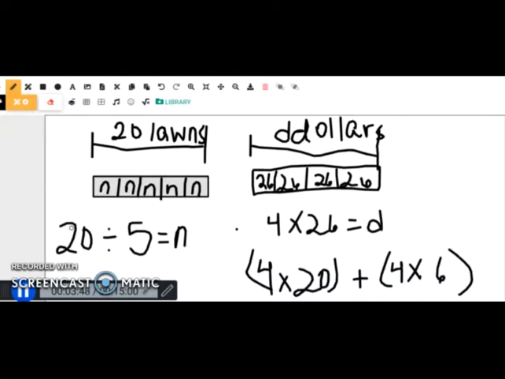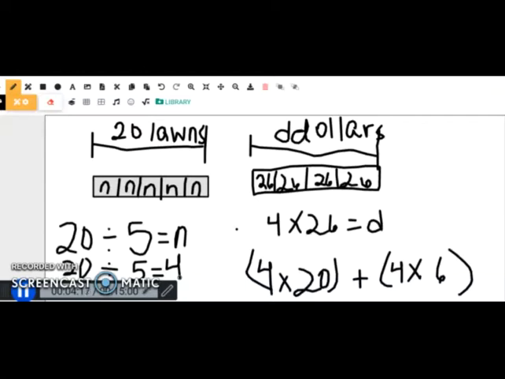So I can divide 20 divided by 5 equals N. Now, we know that when we divide 20 by 5, we can think about what times 5 gives me 20. And most of you already know that fact or can figure it out fairly quickly by counting by your 5s. And 20 divided by 5 equals 4.